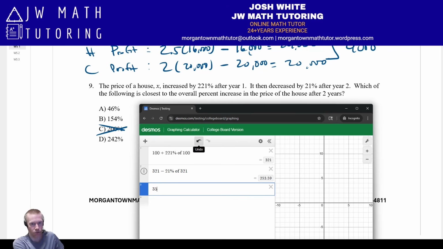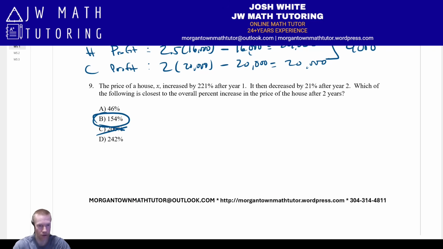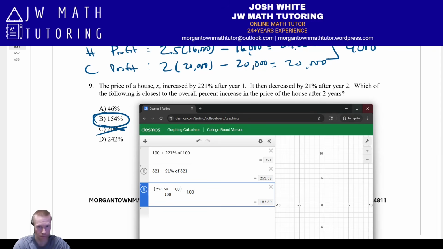So that would be 253.59 minus 100 divided by 100. And then, of course, to convert it to a percentage, you just multiply by 100. 153.59. So which of these is closest to it? Well, it's obviously 154%. And that's your correct answer.